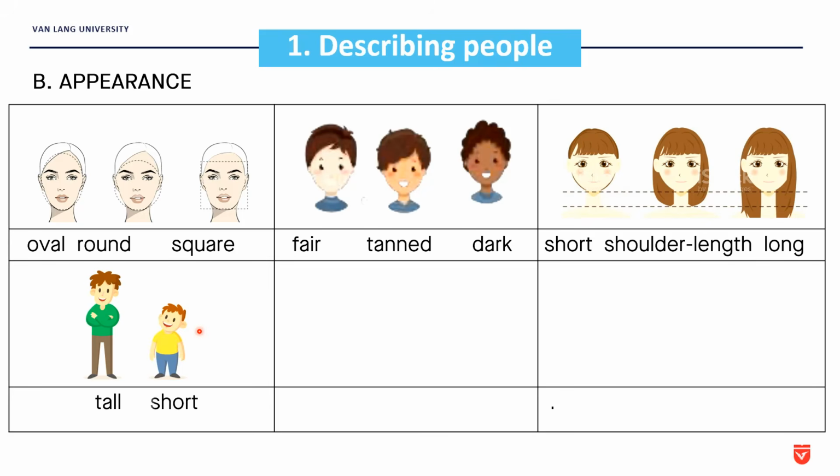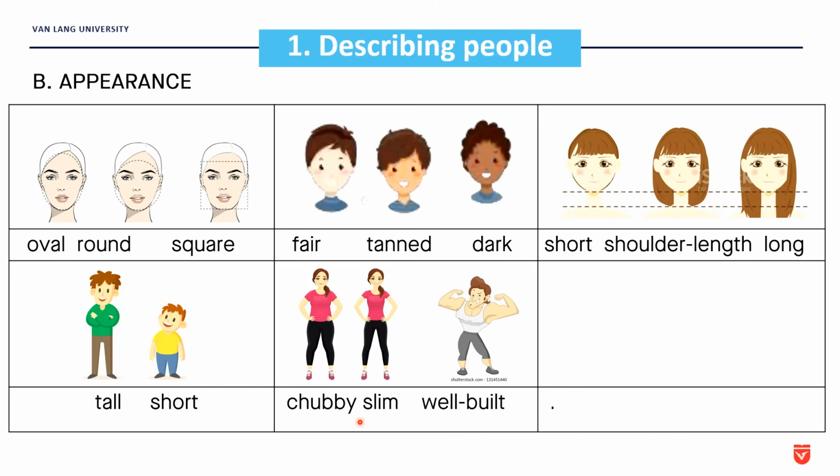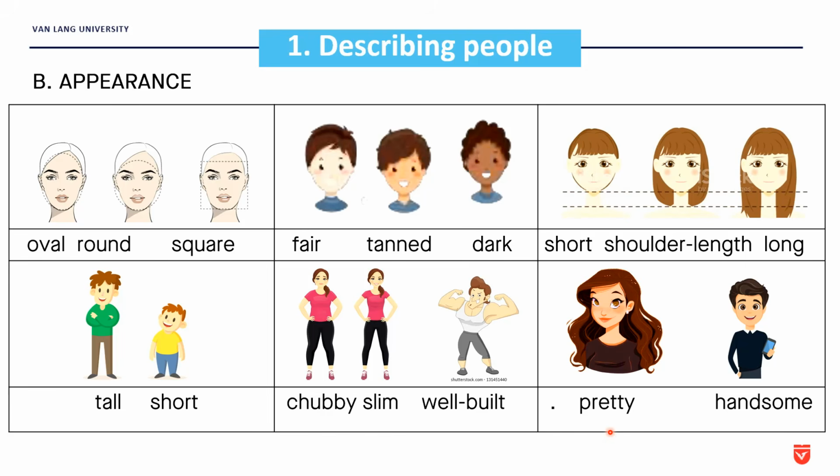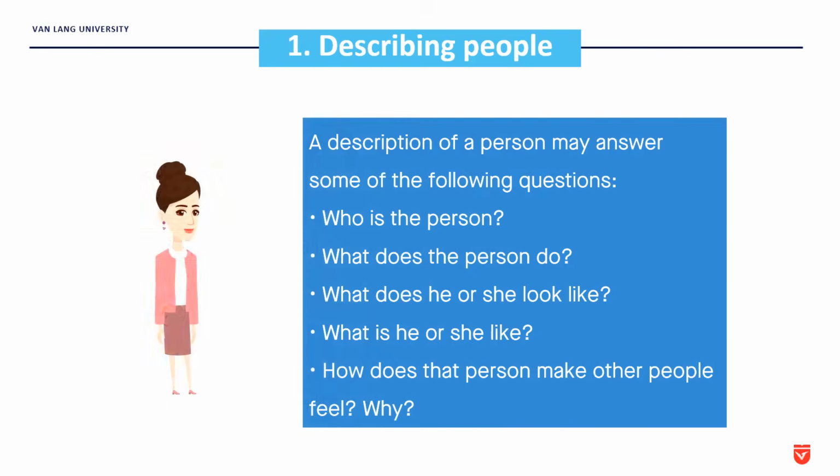For body shape, we can use tall, short, chubby, slim, well-built. If a person looks good, you can say, she's pretty or he's handsome. When you want to describe a person, you can use the given vocabulary and answer the following questions.